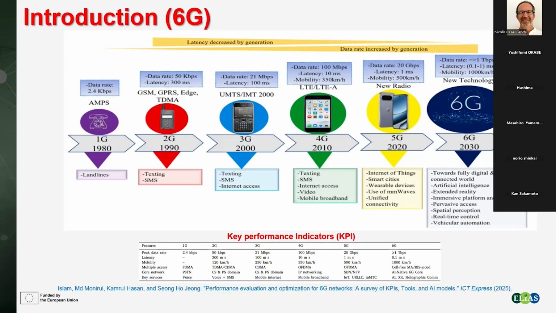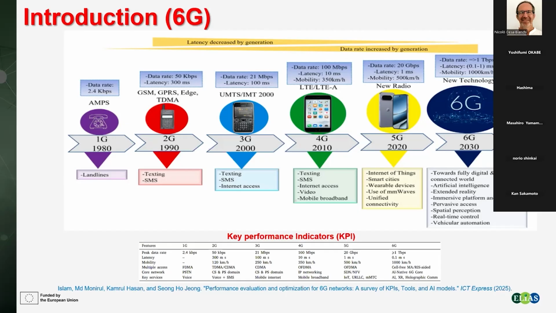For our 6G key performance indicators, the data rate should be larger than 1 terabit per second, compared to 5G, which is 20 gigabit per second. The latency, or round trip delay, should be less than 0.1 millisecond.